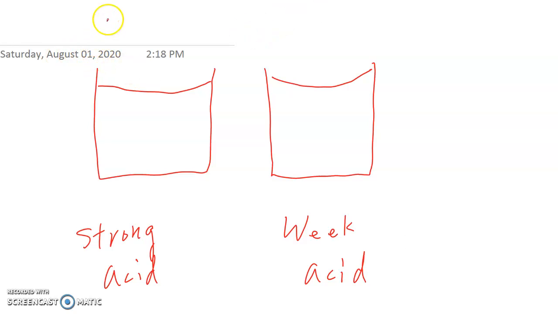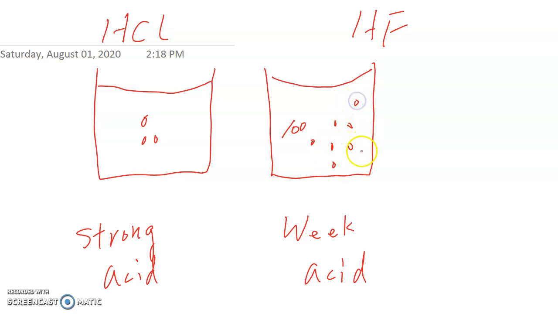We know that hydrochloric acid is a strong acid, and hydrofluoric acid is not a strong acid, it's a weak acid. If you put 3 drops of the hydrochloric acid in the left beaker, and let's say we put 100 drops of the weak acid here, and by the way, let's say it is completely dissolved and dissociated.